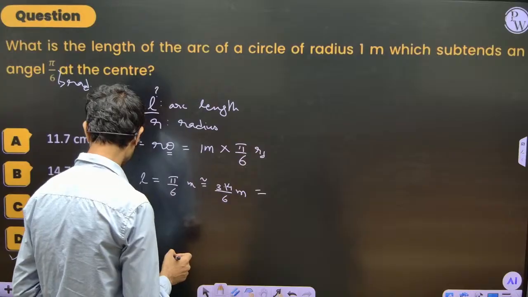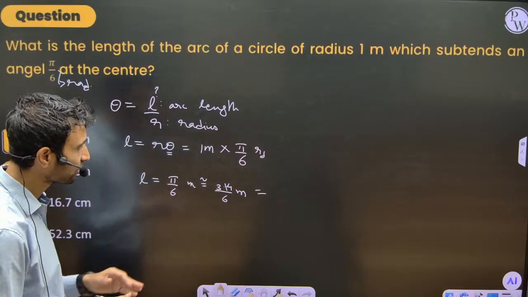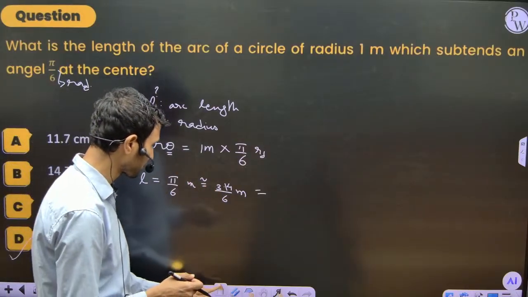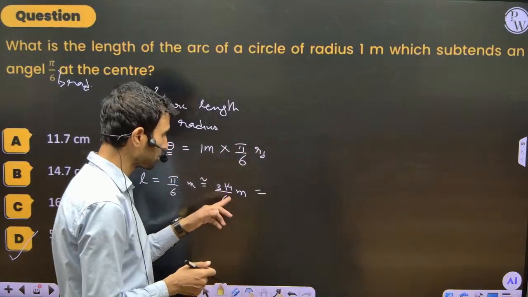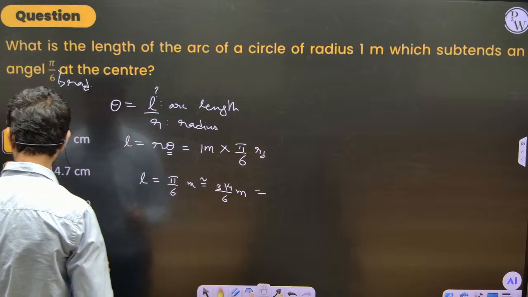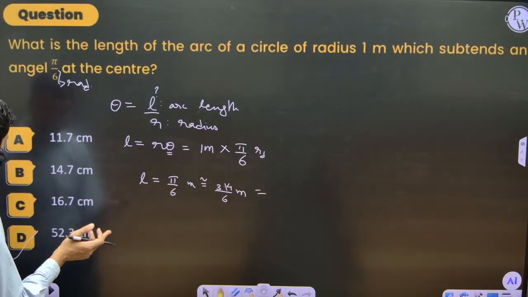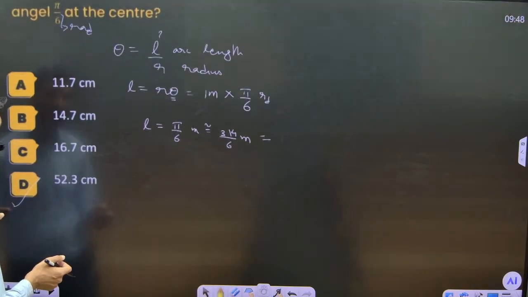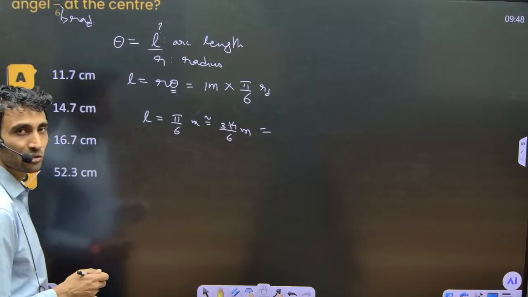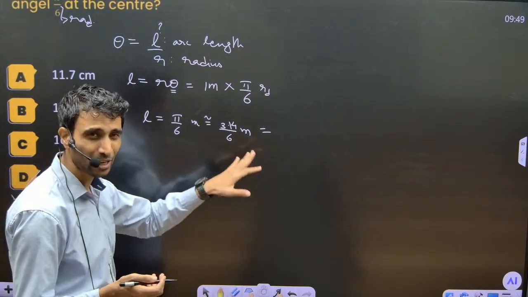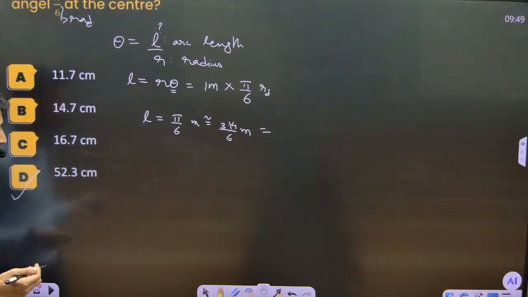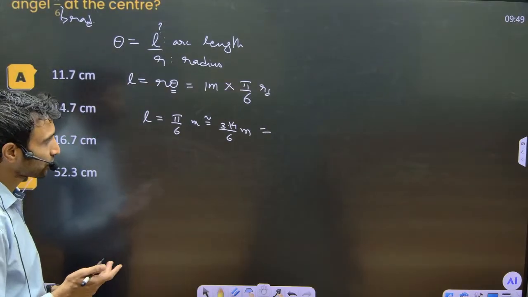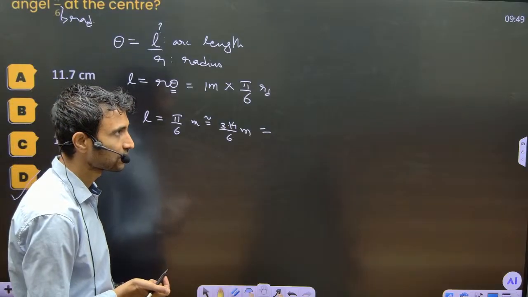52.3 centimeter, right? But I'll tell you a fast way of doing the calculation, because in the exam you will not always be able to do the precise exact calculation. You don't even need to do the exact calculation, guys. Why? Because you have options here, right? So you can try doing a crude calculation and still get an idea of what the answer should be.